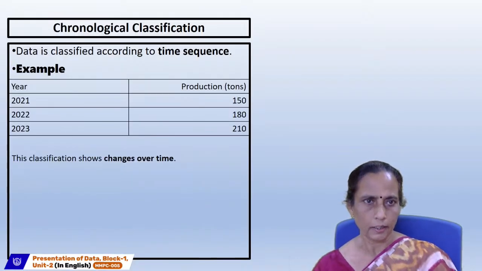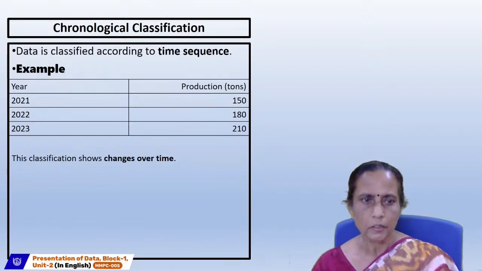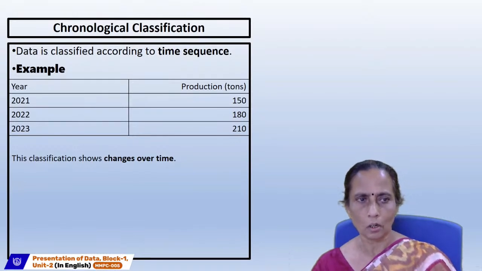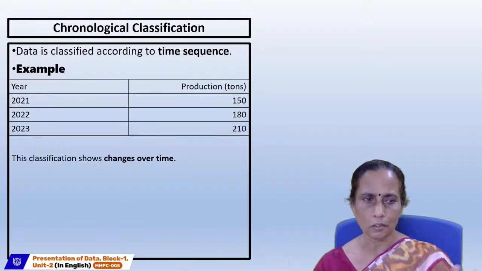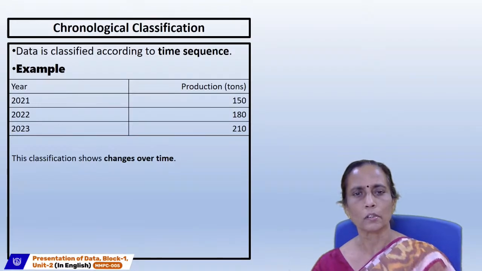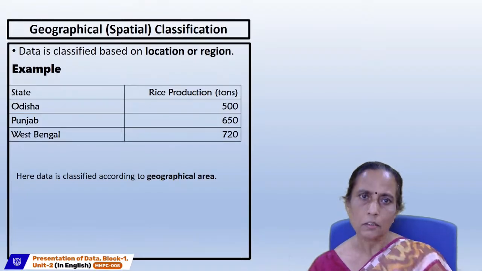Then there is data classified according to time sequence. Suppose I am recording the production of a produce in tons during the year 2021. Suppose the produce is 150 tons, 22, 180, and so on. So this classification shows the changes over time. And in geographical or spatial classification, the data is classified based on a region or a location.